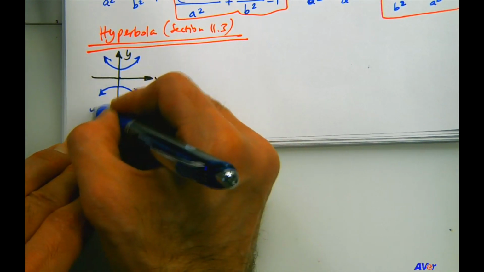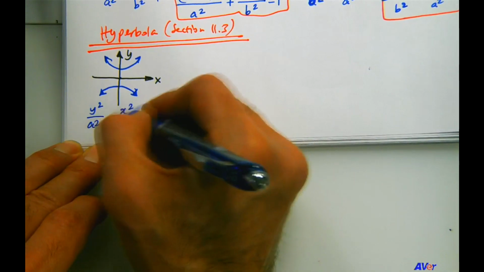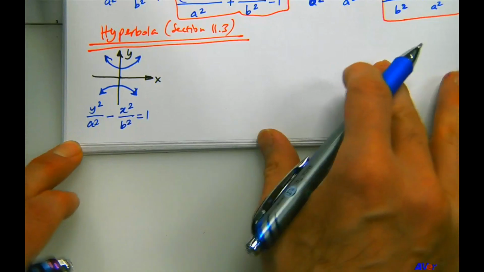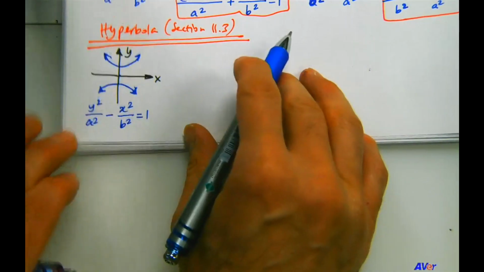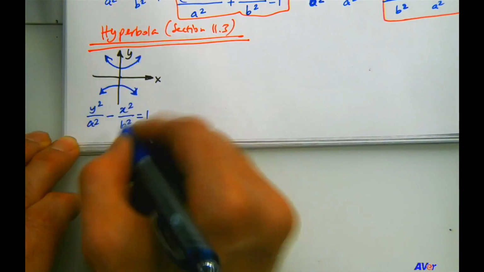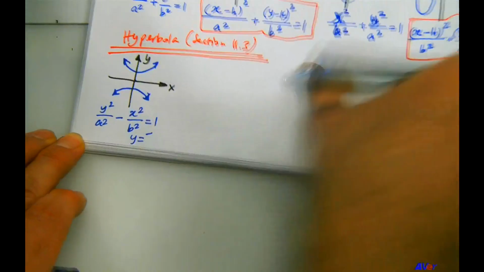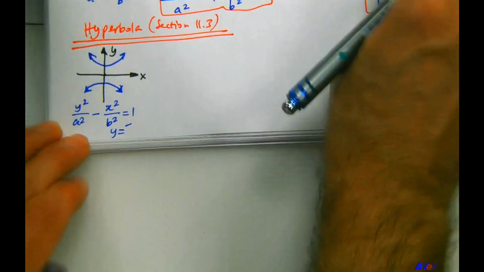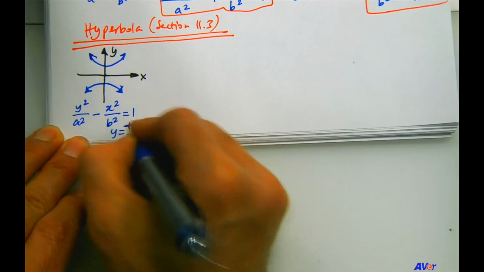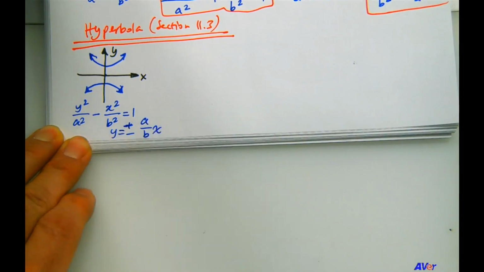So we have y squared over a squared minus x squared over b squared equals 1. And of course, the equations of the asymptotes are y equals plus or minus a over b x.